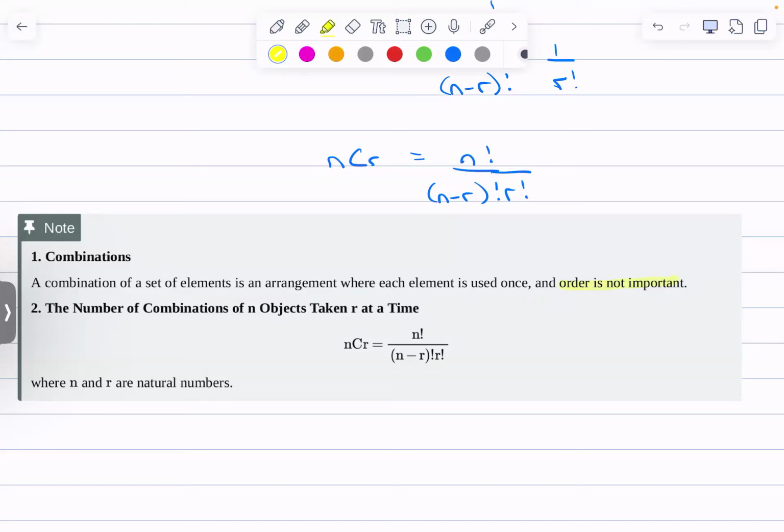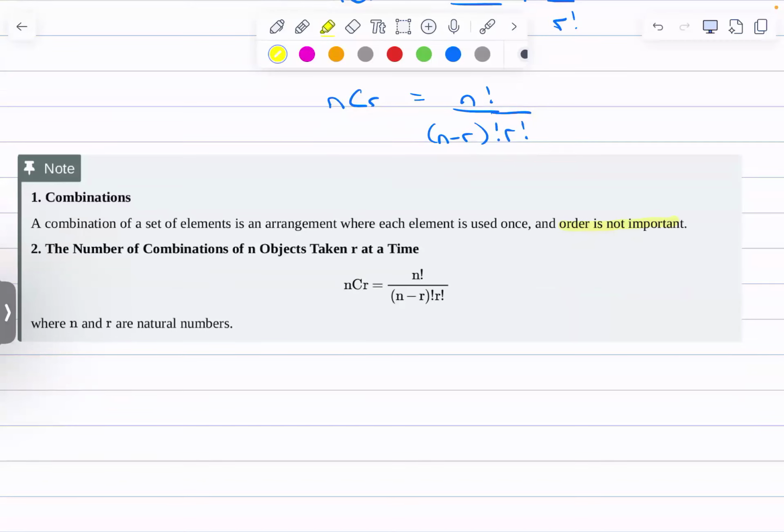Thinking about committees, right? Flipping a coin, if the order doesn't matter, you just want to know, okay, how many ways can I flip 4 heads in 10 tosses? Then it doesn't matter when those 4 heads happened, but they had to happen at some point. And then we've got this formula that we just developed.